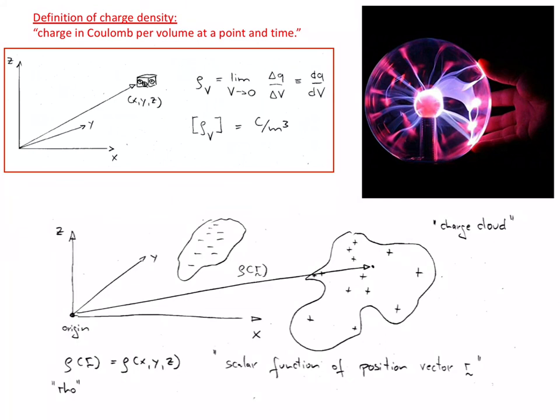The cartoon at the bottom of the slide illustrates a typical macroscopic situation with 2 charged clouds, one being negatively charged and one being positively charged. Defining a Cartesian coordinate system with an origin and an x, y, and z axis, for each point in space, a charge density ρ can be defined as a function of the position vector r, indicated here as a vector with an underscore tilde.